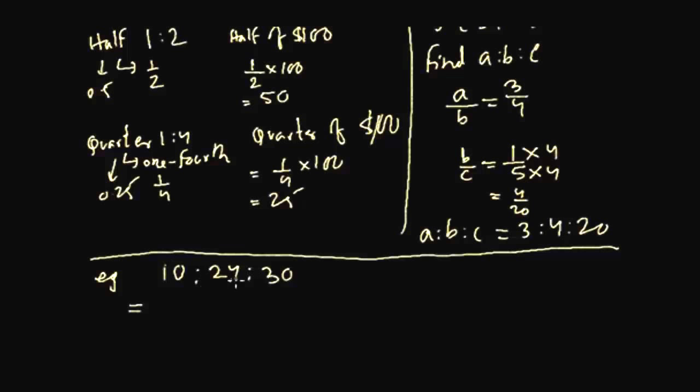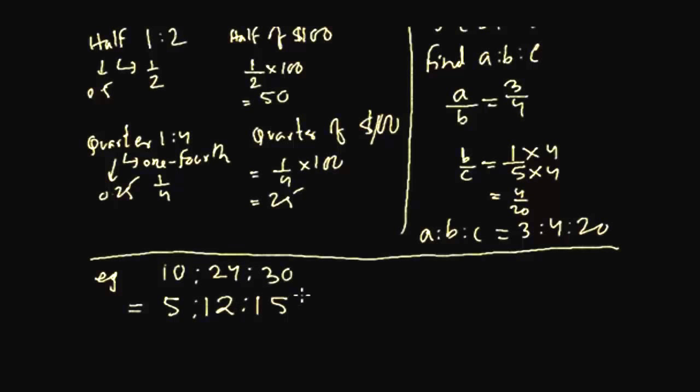So 3 is also out of the question. It seems we can divide this by 2. So 10 divided by 2 is 5, 24 divided by 2 is 12, and 30 divided by 2 is 15. Now, we don't have any other number that works for all three. So the simplified version of these three is 5 is to 12 is to 15.